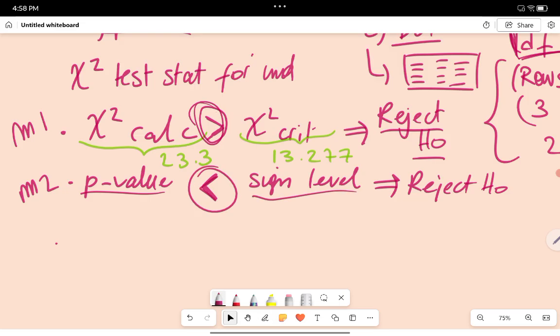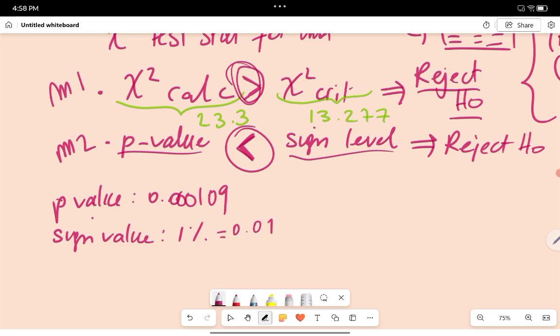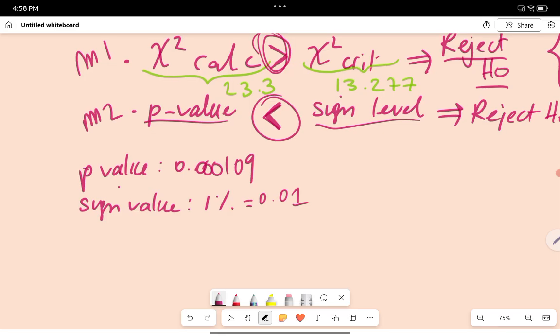So let's see if this is the case. What was our p-value? 0.000109. And the significance value that is given, what was it again? They say a chi-squared test for independence was performed on the collected data at the 1% significance level. So this is 1%, that's also 0.01. Does this hold, guys?